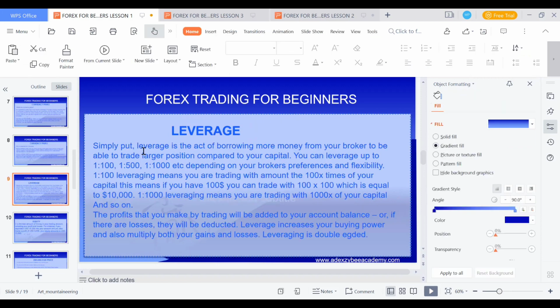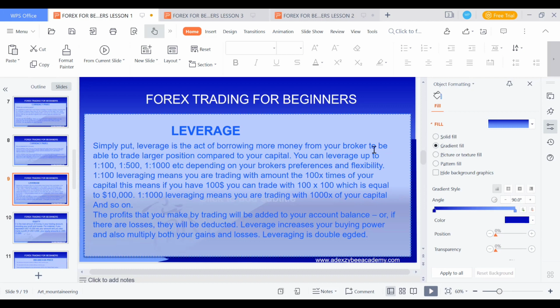Next one we'll talk about is leverage. Simply put, leverage is the act of borrowing more money from a broker. So this involves your broker. You'll be doing this while registering on your broker's website, or while opening a live account. That's where you select the leverage you would like to use.